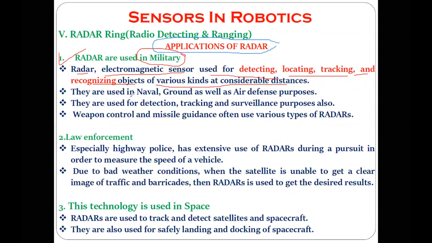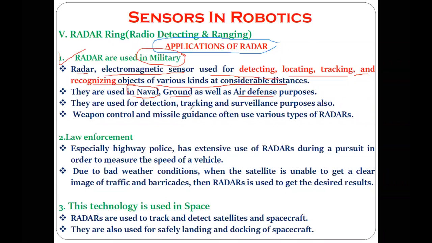Not just vehicles on the ground, radar can also be utilized in the navy, on the ground, as well as in air defense. On the water, radar can determine if another country's ship is coming into our country.